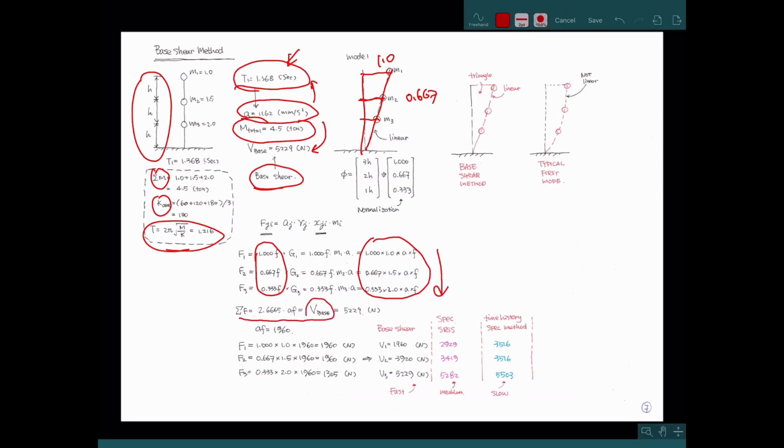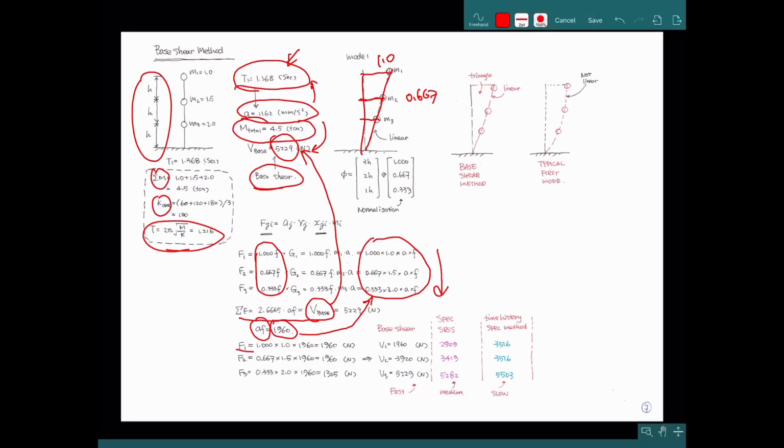final base shear. Because the base shear we already computed using this method is 229, we just compute AF equal to something and put this AF back into the calculation.